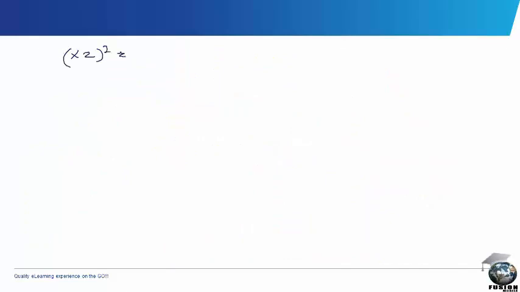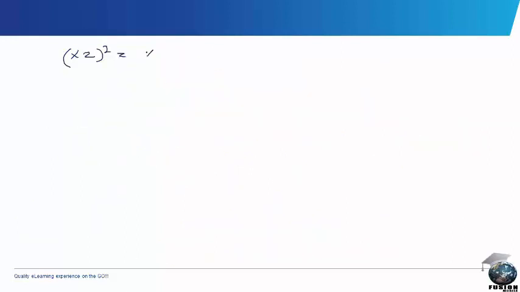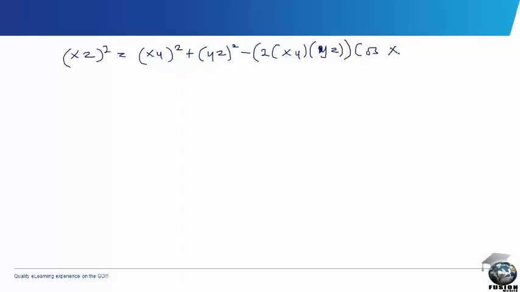The missing side xz squared is equal to the square of the known sides xy and yz, squared, minus 2 times the multiple of the known sides, times the cos of the angle opposite the missing side xz.